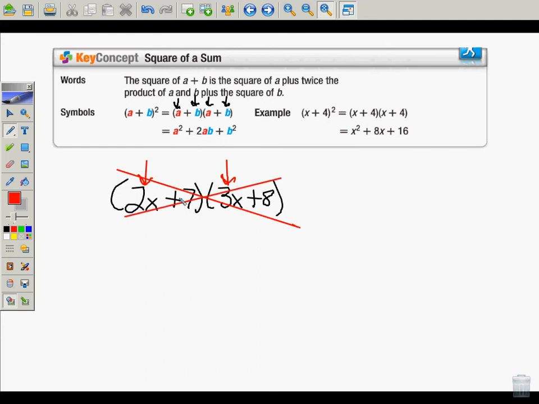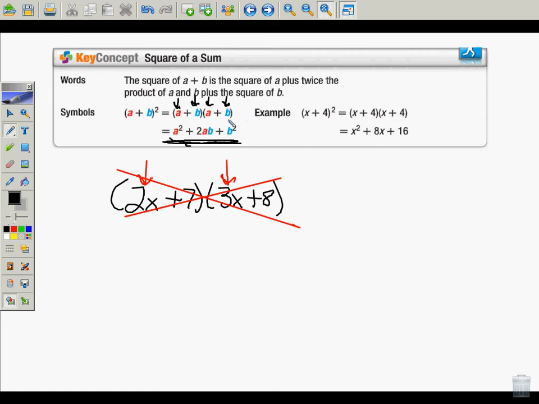It's when you've got the exact same thing being multiplied by itself and there is addition. As long as you've got the square of a sum, you can use this shortcut. It's always going to be a squared plus 2 times a times b plus b squared. If you used FOIL, you would get to this exact same answer. It's just a shortcut you can use.